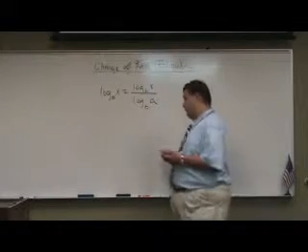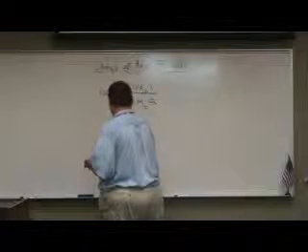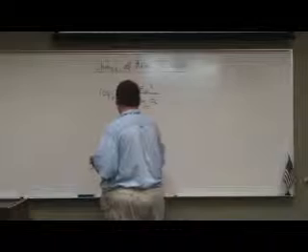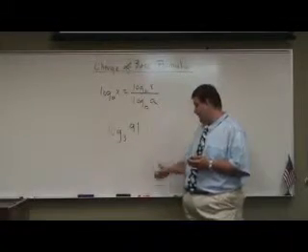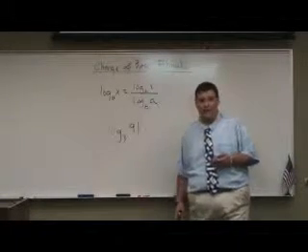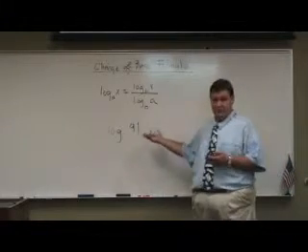So let's say you were asked, for example, to calculate log base 3 of 91. Well, I know that 3 to the 4th power is 81. 3 to the 5th power is going to be something much larger than this.